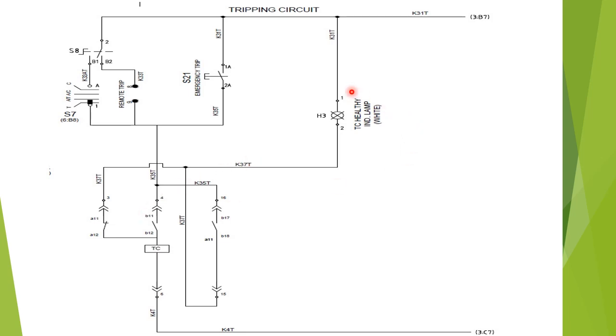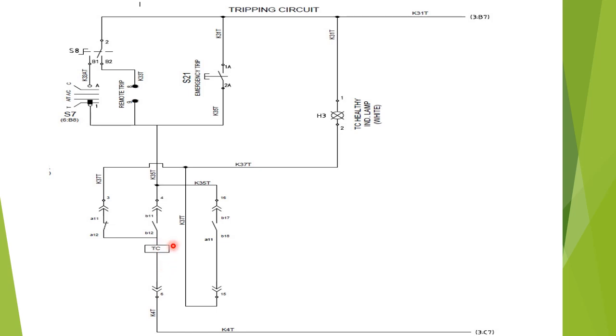And here the trip circuit supervision lamp has been given. This lamp has a certain resistance. Via this resistance, the trip circuit is continuously supervised. That is two conditions. One is before the closing of the circuit breaker, another is after the closing of the circuit breaker.